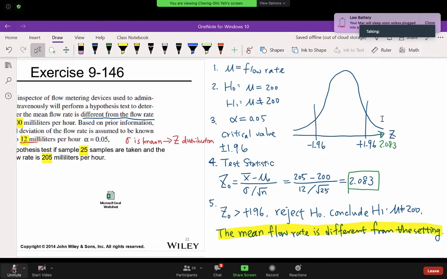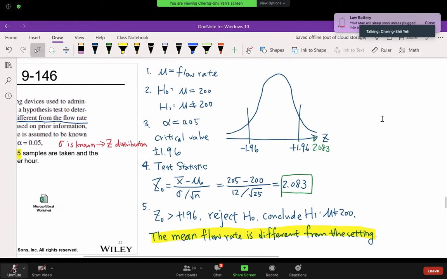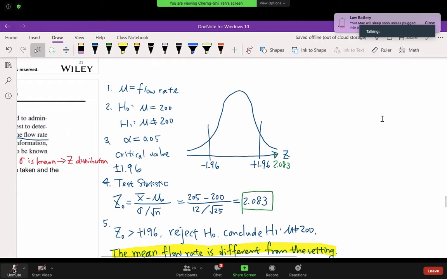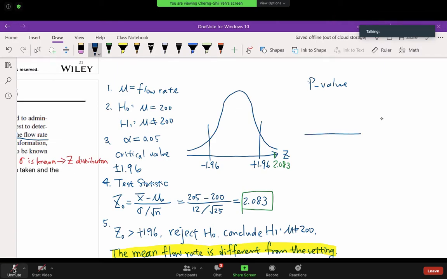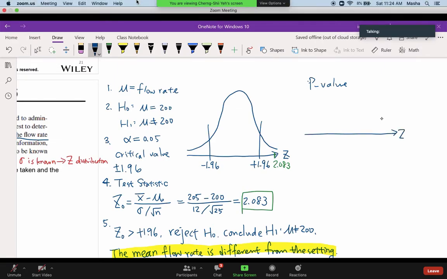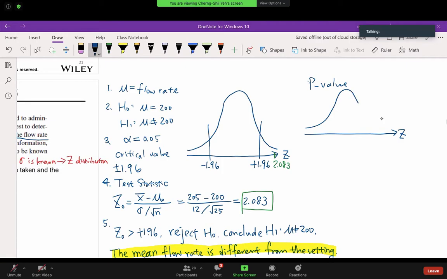Okay, real quick, let's calculate the p-value. I'm going to sketch this one more time. This is my z. My test statistic is 2.083. So this is my p over 2 value.